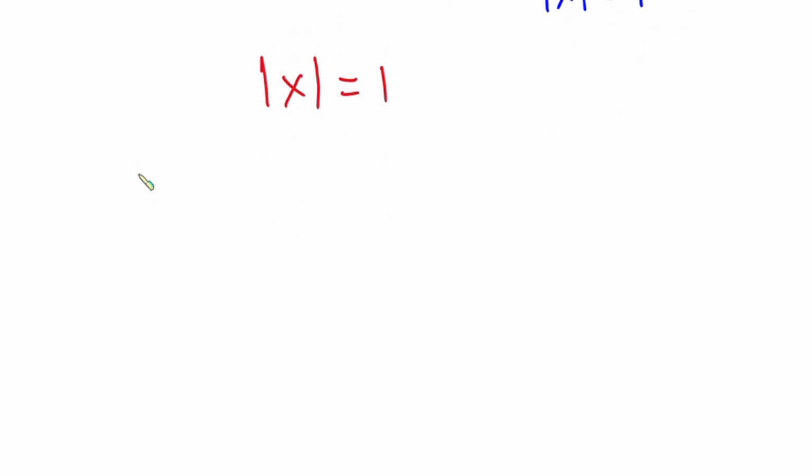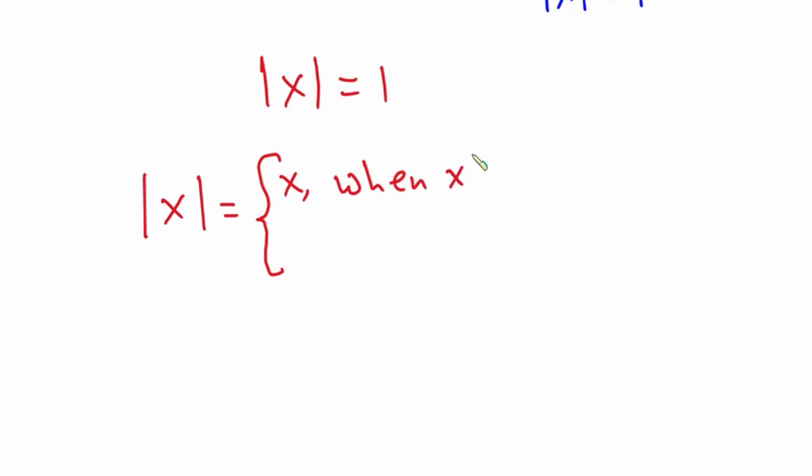Okay? Now, the piecewise definition of absolute value of x is equal to x when x is greater than or equal to 0, and then negative x when x is less than 0. Okay?